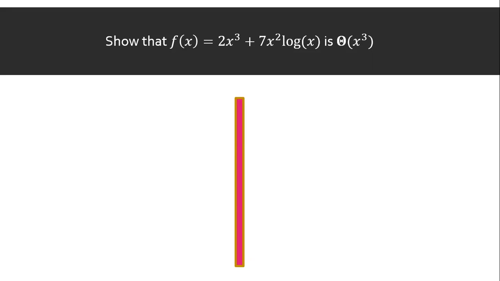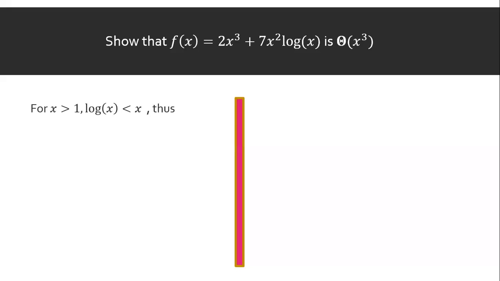We're really trying to show that as we increase x, it really is that x cubed that is the determining factor for growth. It's the dominant term. The x cubed is going to grow so fast that the x squared log x doesn't matter. So we're trying to show that to be the case.